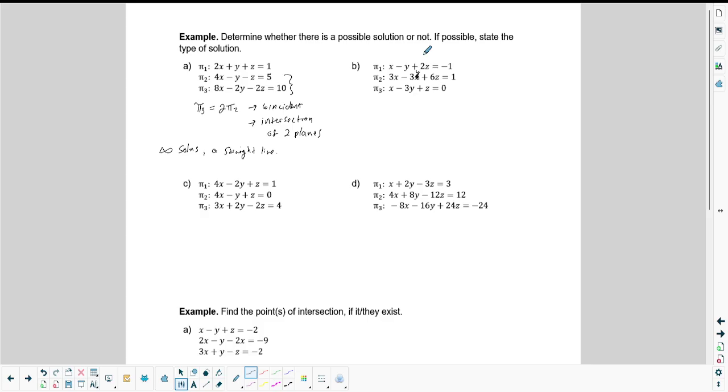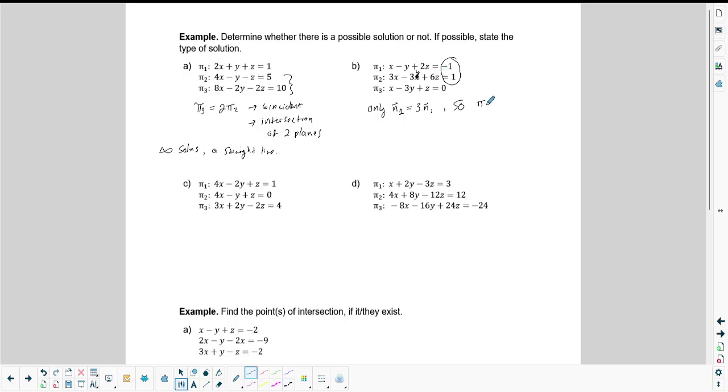Now, what you have to notice on this guy, for plane 1, plane 2, only the normal vectors. This is the proper way to say it. Sorry, this is actually 2. Normal vector 2 is equal to 3 times normal vector 1. And when I write only normal vectors, that means the constant terms on the end are not scalar multiples of each other.